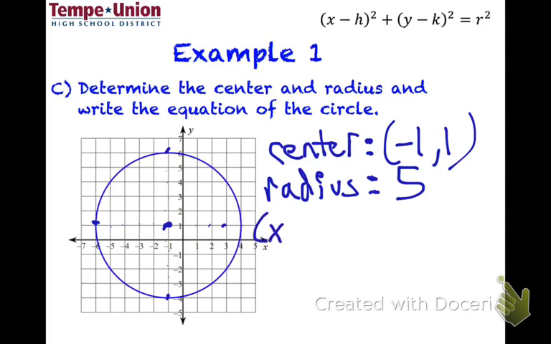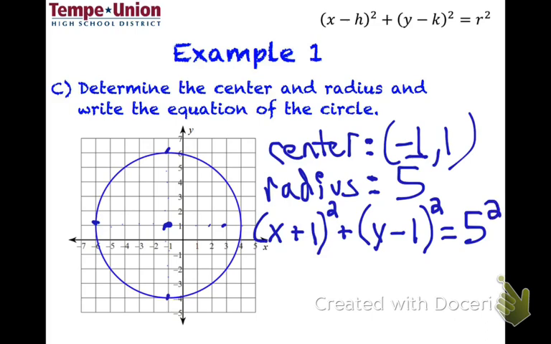We would do x minus a negative 1, so then I would make that x plus 1 squared plus, and then y minus whatever the y coordinate is, so that's y minus 1 squared, and then it's going to be the radius squared. And again, some of you guys are just really going to skip that step. You're just going to say, oh, it's 25, and that's totally cool too.